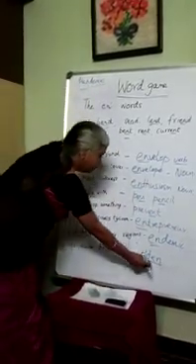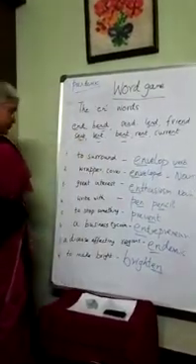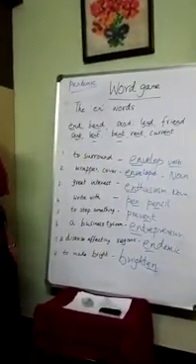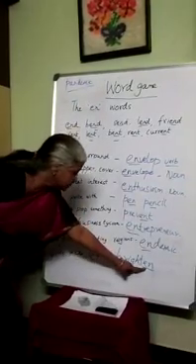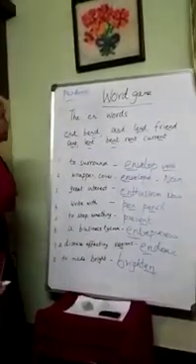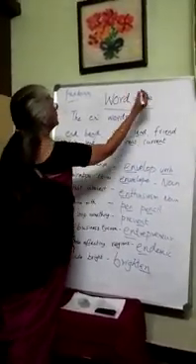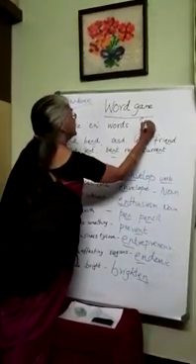Here, brighten, this is used as a suffix. So it is not a noun. Here it is to brighten up something. Here en is a suffix. There are so many words which end with en, which become suffixes.